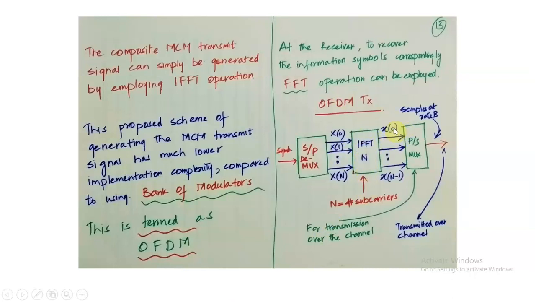The output is again symbols. These symbols are converted to serial, and this output gives the samples of the symbols that are being transmitted at a rate b. So this is transmitted over the channel.